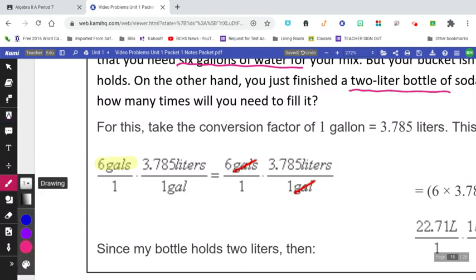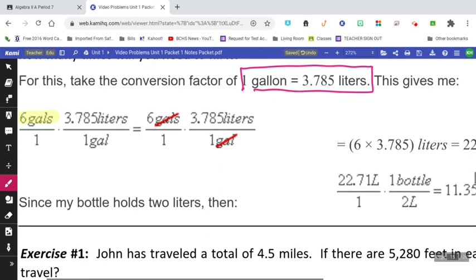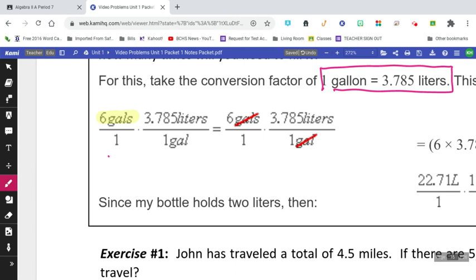So here's the example of where we use our conversion factor. And that's our conversion factor, right here. In 1 gallon, there are 3.785 liters. Now, that conversion factor could have been used as 1 gallon over 3.785 liters, or the flip of that, the reciprocal of that.